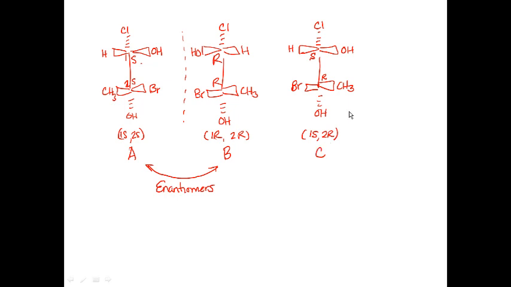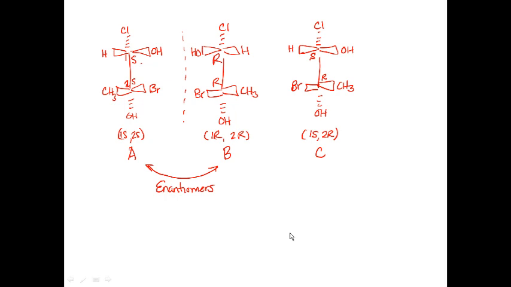That now is going to give me a new molecule, C. Now, is C superimposable on either A or B? The answer is no, right? One chiral carbon has the same configuration, but the other one has the opposite. So there's no way I can superimpose C on B or A. But they're not mirror image isomers.